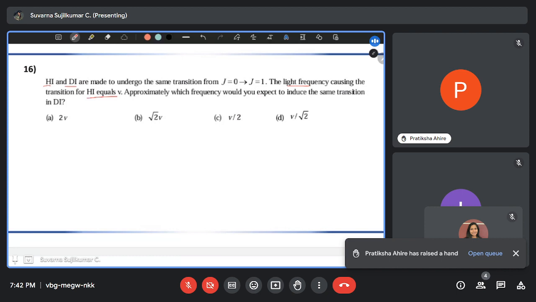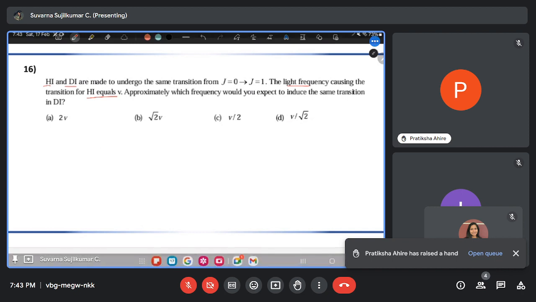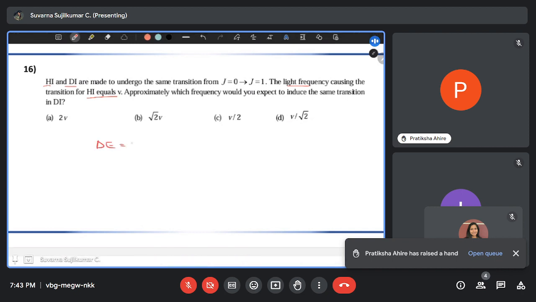The transition is given from j equal to 0 to j equal to 1, which you have to take care of. So when you hear transition and the j value is also given, try to correlate with that equation. The equation is delta E is equal to 2B into j plus 1, right?